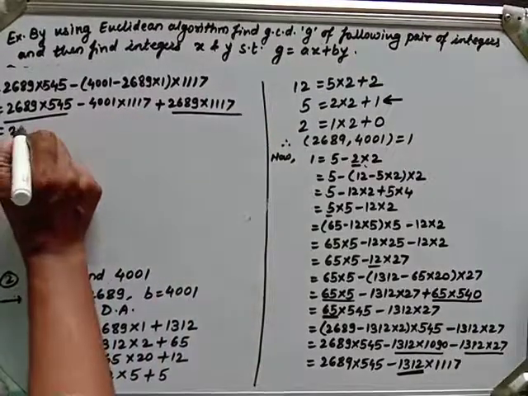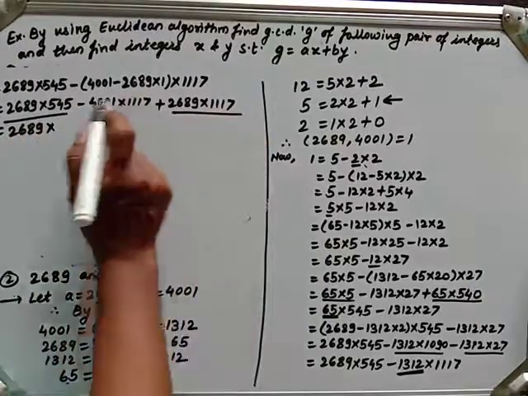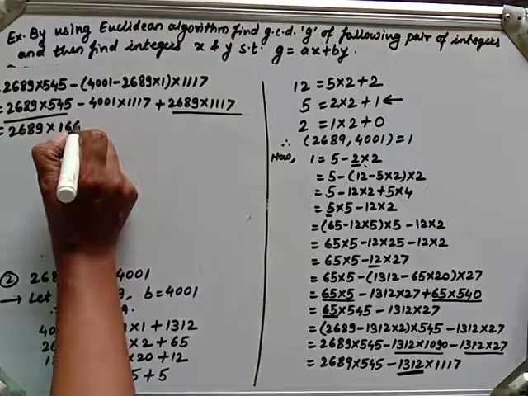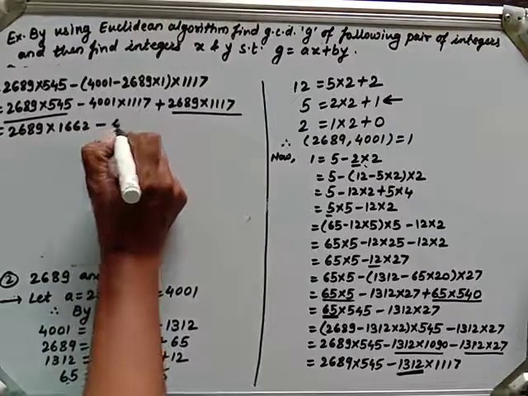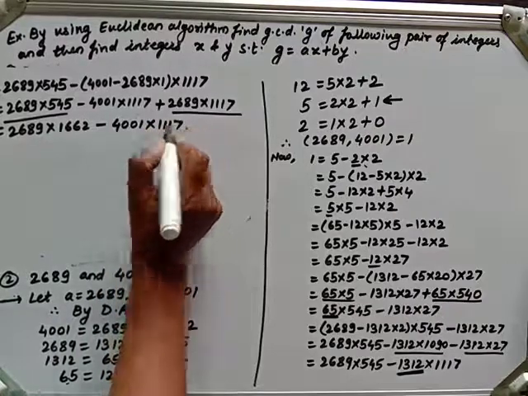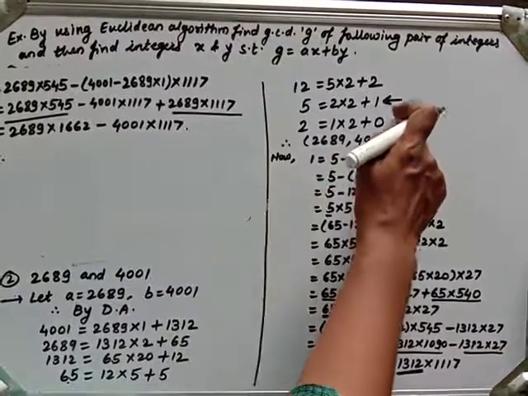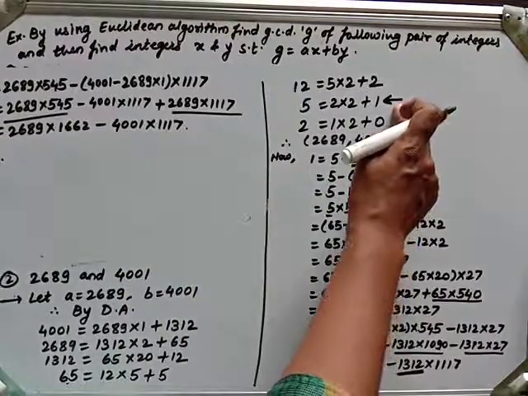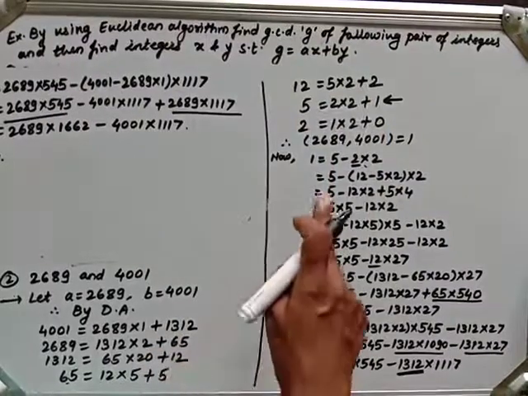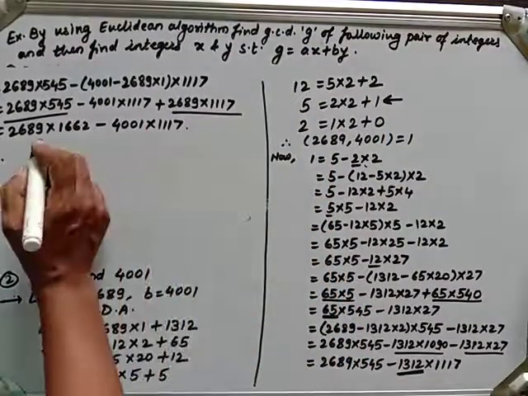It will be 2689 multiplied by, adding 545 and 1117, 1662 minus 4001 multiplied by 1117. So therefore we have started from 1. We must start from this 1 where the remainder is non-zero, and from each equation substitute the value of each remainder so that we get such a linear representation.